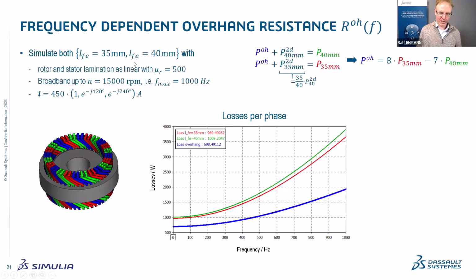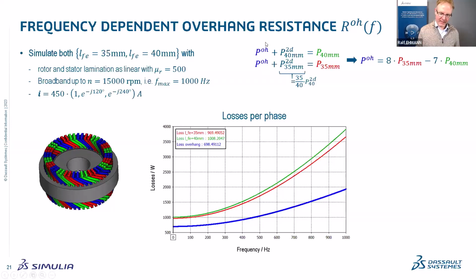We go a little bit lower, so we do two simulations, 35 and 40 millimeter. Assume some linear permeability, 500 in this case, for rotor and stator. Simulate up to 15,000 RPM, which means in frequency range we're going up to 1000 Hertz. Choose 120-degree phase shifted current at 450 amp peak, because this was the operating point we were looking for.